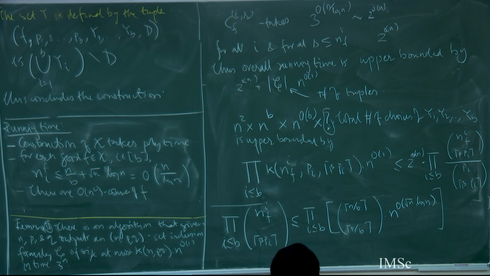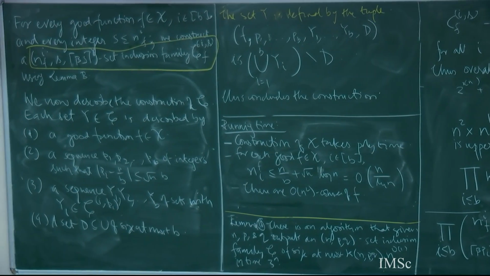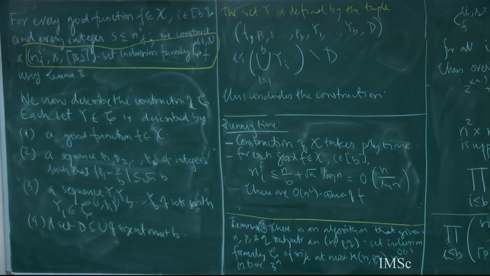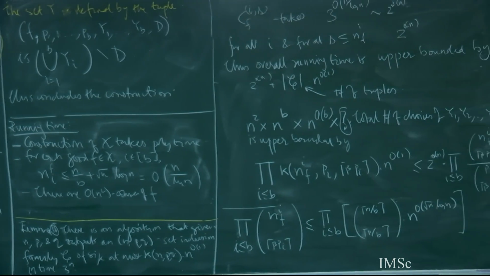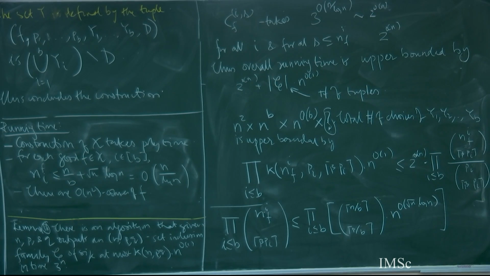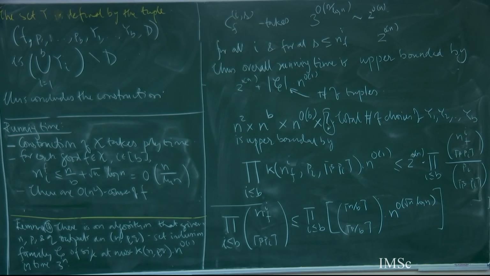I want to say this. Do you see why this is correct? Look, N_i is upper bounded by what? Roughly n by b plus some c root n. And what is p by b bounded by? P by b is also bounded by root n times b, basically this plus some little terms, right? And I'm claiming that that little term is upper bounded by all those things.